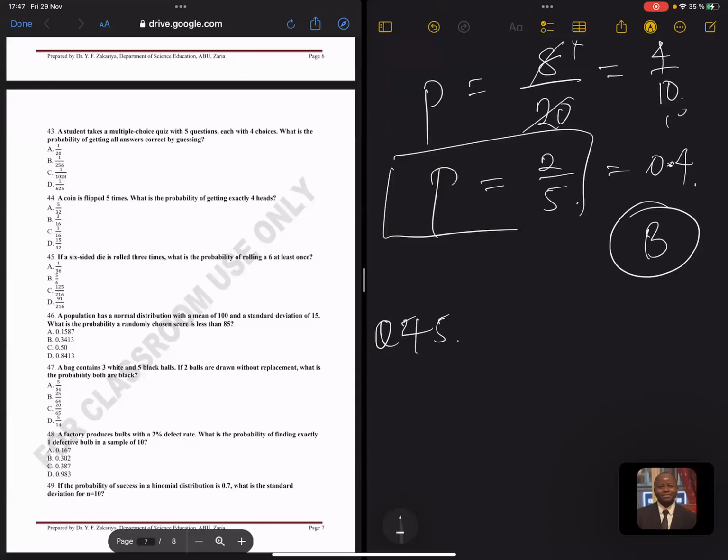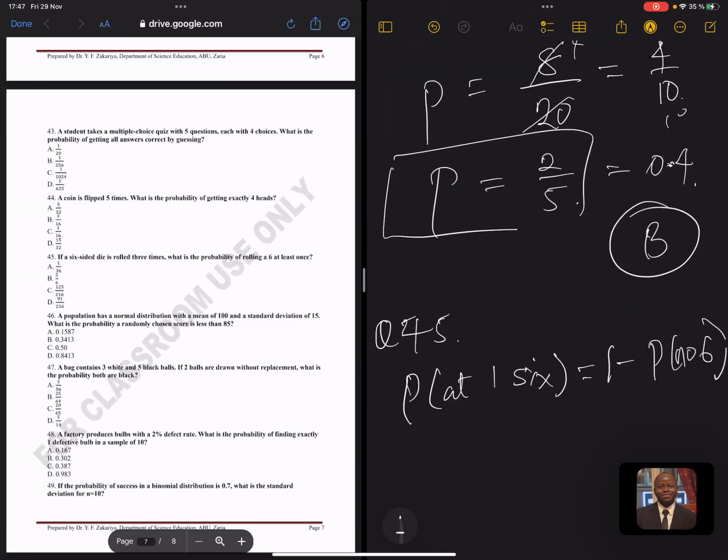The probability of obtaining at least one 6, and you roll the die 3 times. Let me write it down. The probability of obtaining at least one 6 is going to be 1 minus the probability of no 6. This is pretty easy.